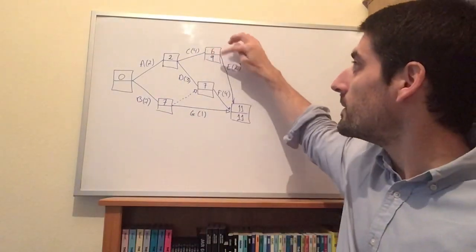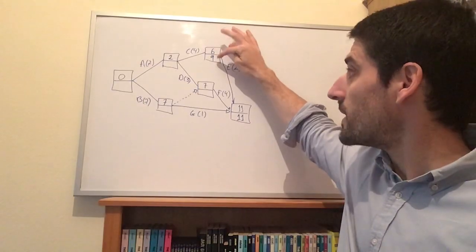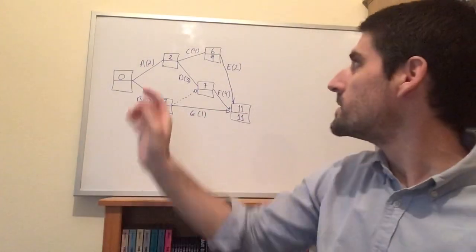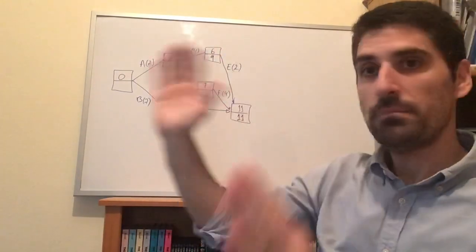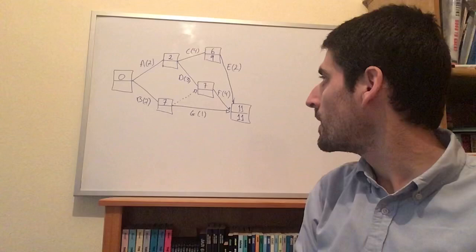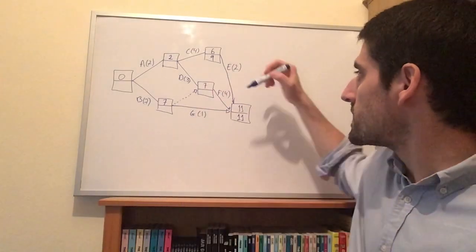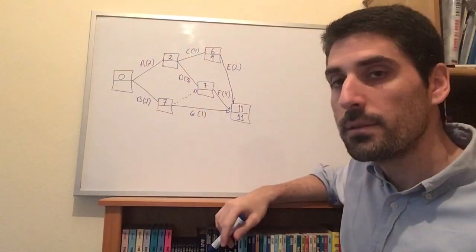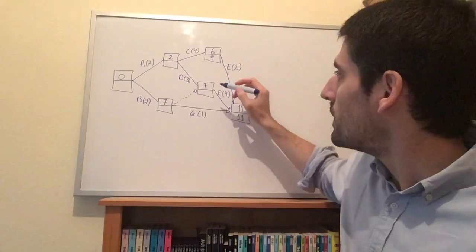The latest I could leave E is 9 hours, because 9 plus 2 would be 11, and then we'll finish on time. Then, if I work my way backwards, 11 minus 4 is, quick math, 7.